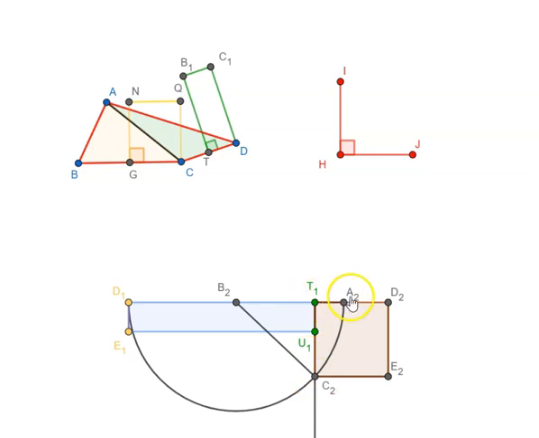But T1 A2 is equal to T1 U1. So we can substitute it and say D1 T1 times T1 U1 is equal to T1 C2 square. D1 T1 times T1 U1 is nothing but this rectangle, which is equal to T1 C2 square, which is nothing but the square on T1 C2.